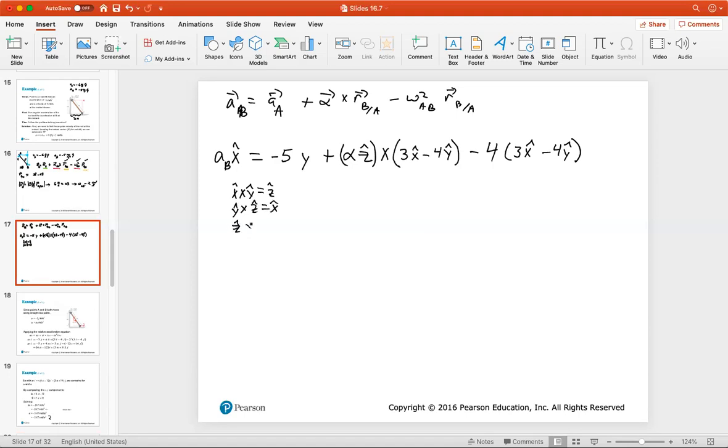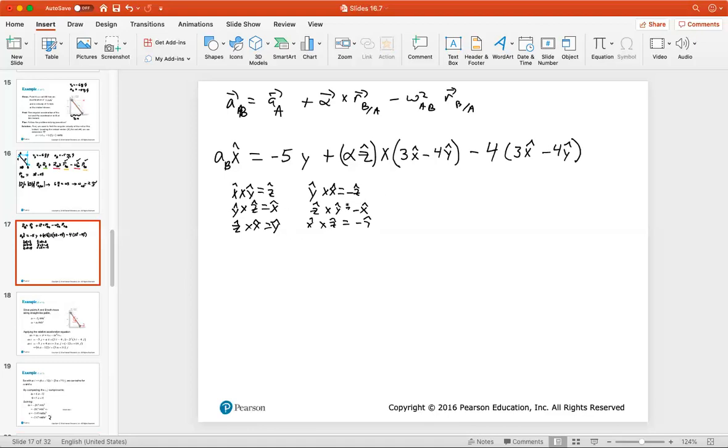Z hat cross x hat equals y hat, which means these are the positive ones, and the other ones are negative. So I'd have y hat cross x hat equals minus z hat, and z hat cross y hat equals minus x hat, and x hat cross z hat equals minus y hat.